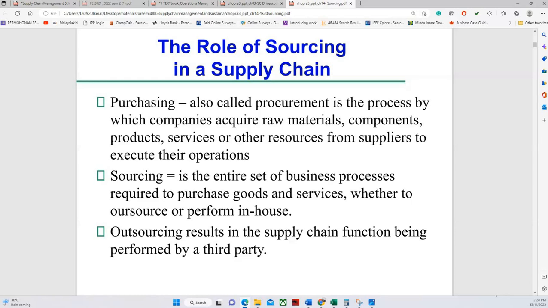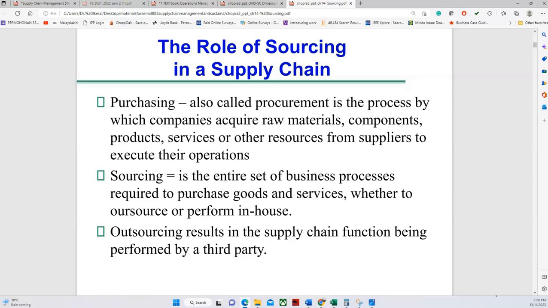But it has pros and cons. The pro is you save your resources, for example manpower, facilities, and areas. You are not going to do that yourself, so you can have extra space and use it for another business.